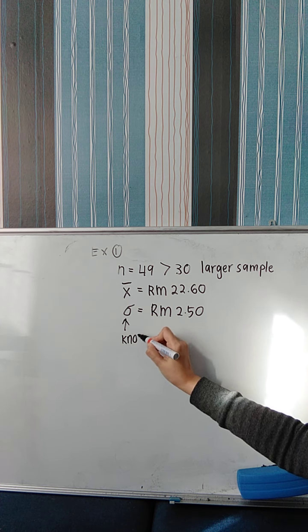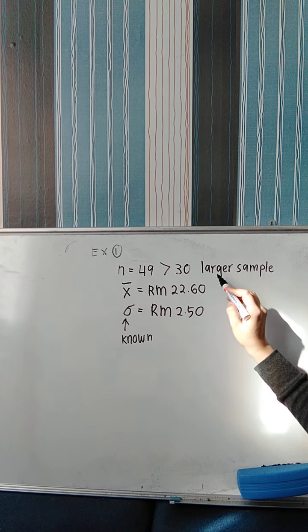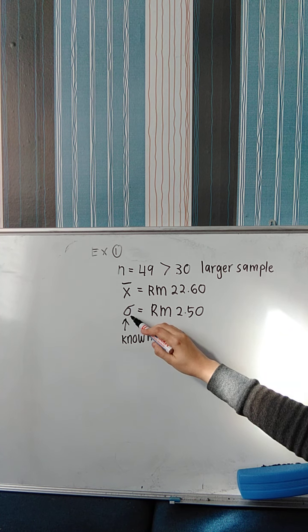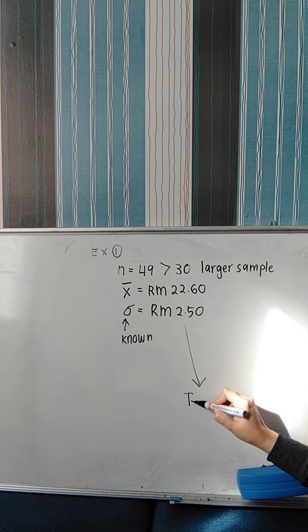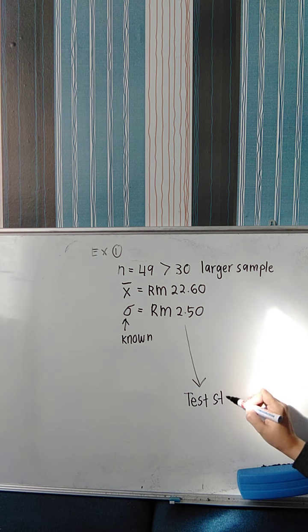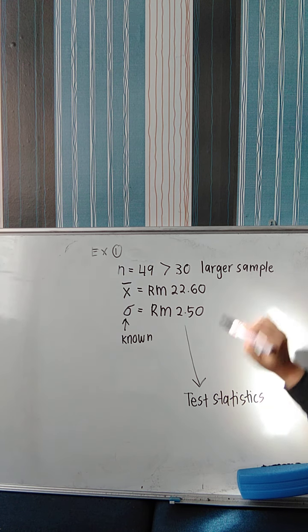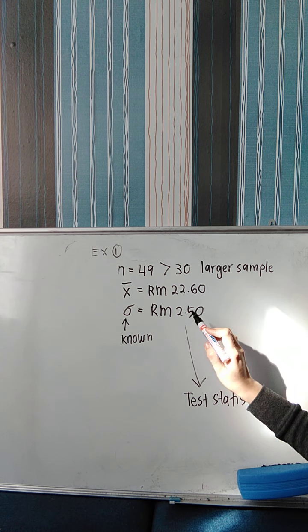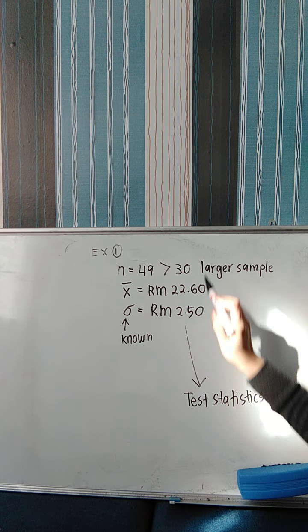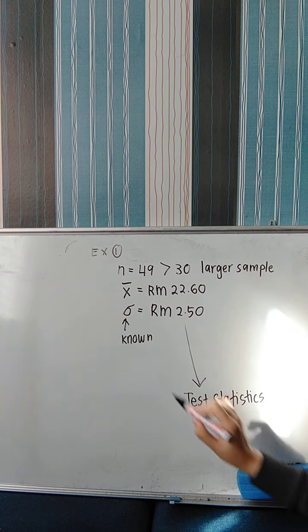With a large n and known standard deviation, you must choose the test statistic first. For this example, it is condition number 1, large sample, known standard deviation.